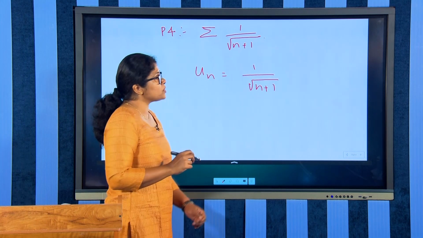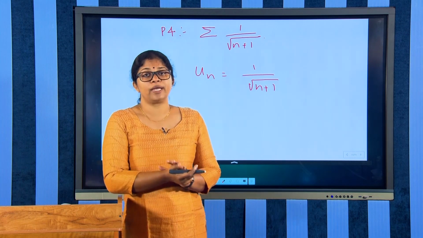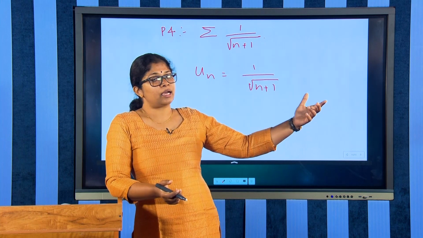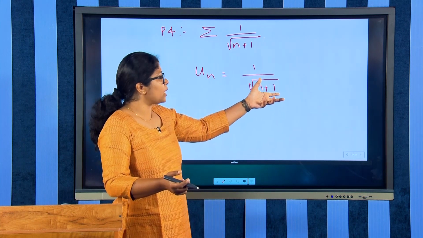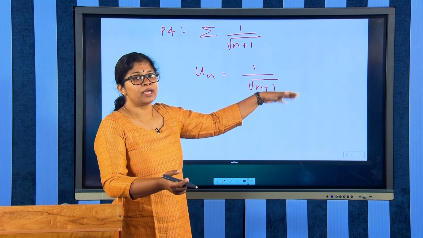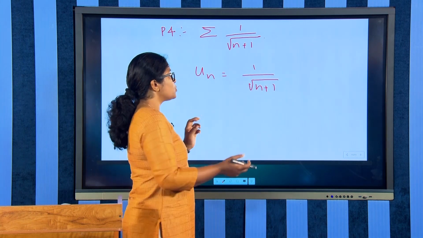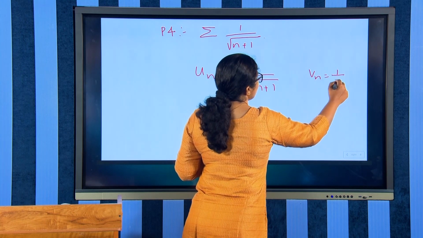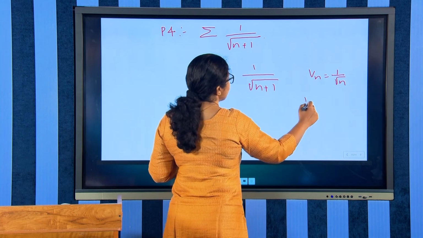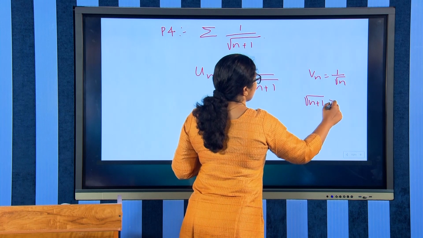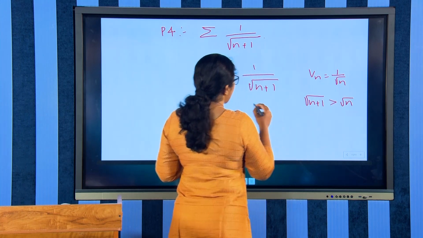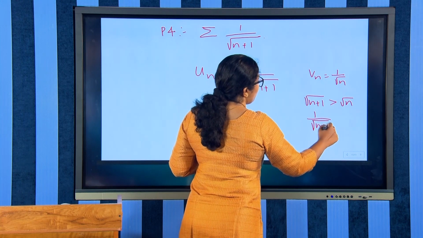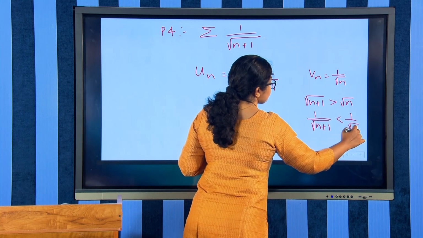Here also, because it is a root of n plus 1 in the denominator, we are not in a position to take a term which is converging or diverging on the other side. So, we can take Vn equal to 1 by root n, and 1 by root of n plus 1 is less than 1 by root n.